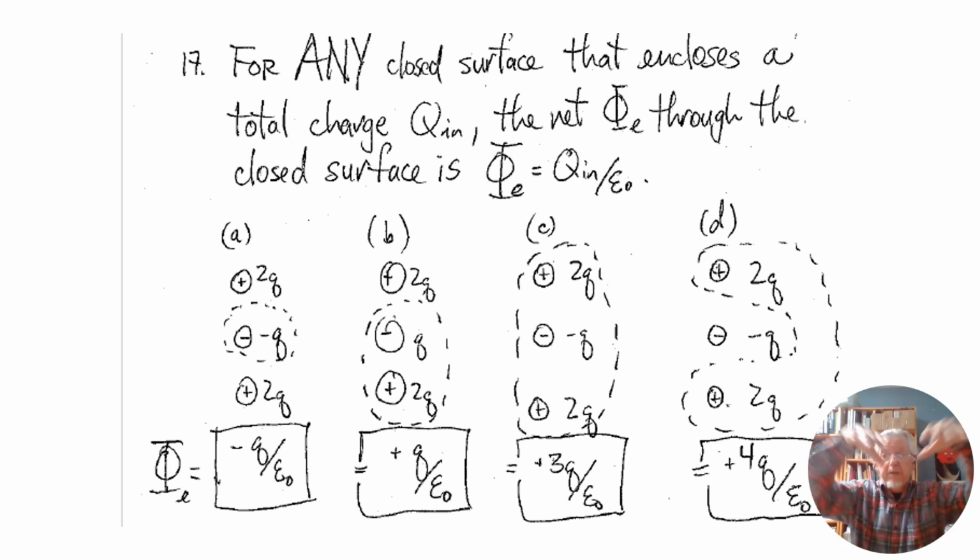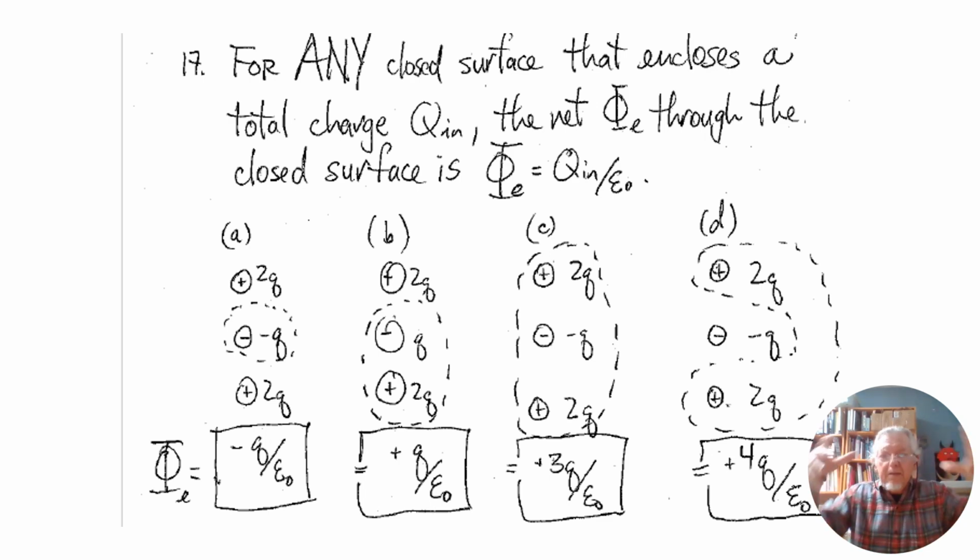That's it. It can be blobby, it could be a sphere, it could be a cube, it could be an icosahedron. It doesn't matter as long as it encloses only that one. The second one is going to enclose the middle and the bottom one, so that you have one minus charge and two positive charges, giving a net one positive charge.